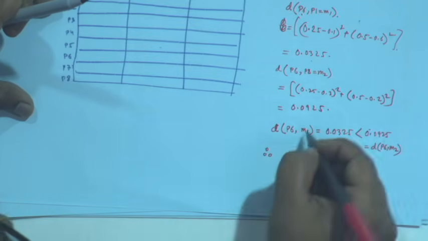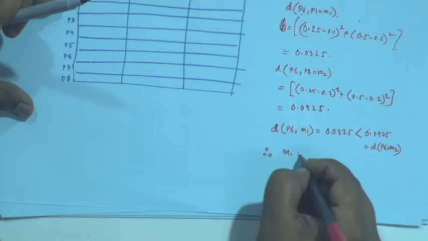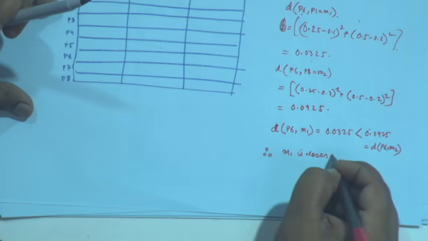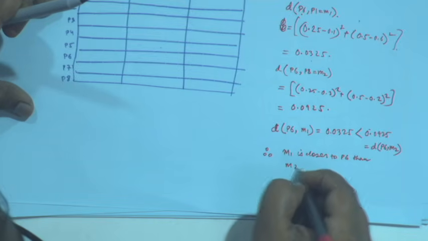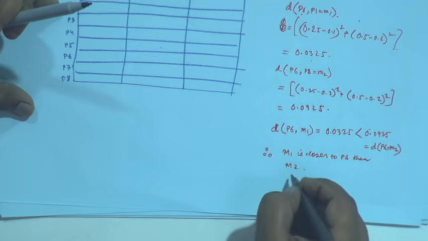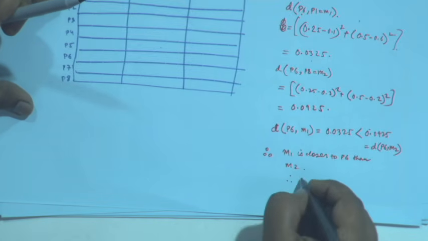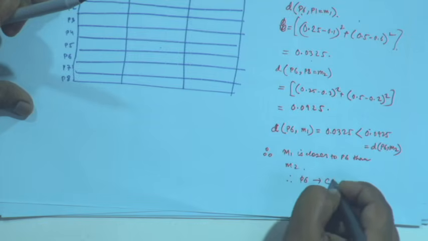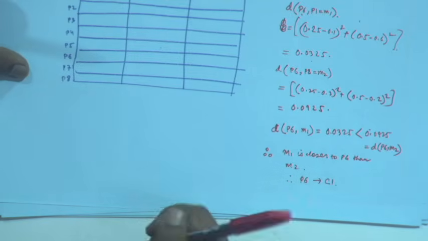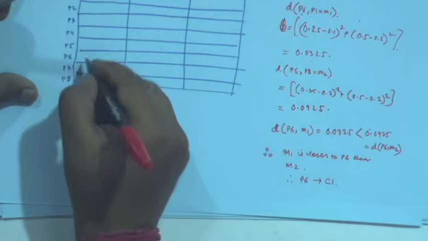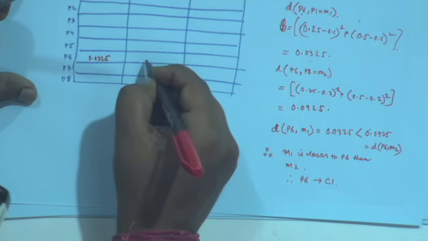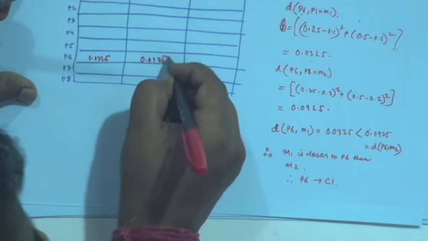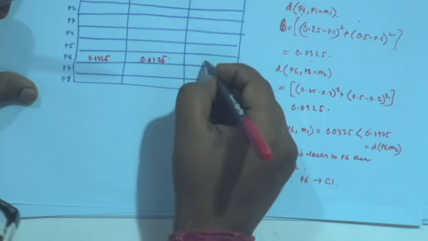Okay, and therefore M1 is closer to P6 than M2, and therefore P6 will be assigned to cluster 1. So these distances which we calculated over here are 0.0325 and 0.0925, and so P6 will be assigned cluster 1.